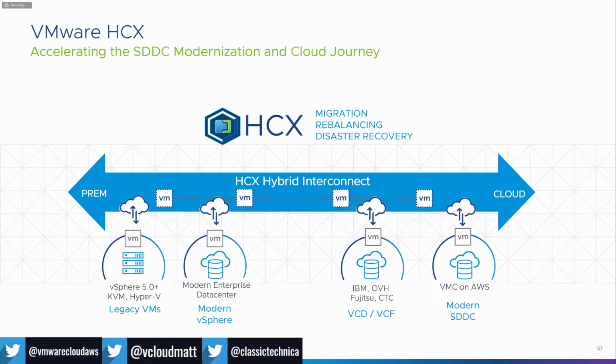There's support all the way back to vSphere 5. So if you've got some legacy environments you want to move to a more modern cloud environment, HCX supports that. There are some limits around what types of migrations you can do with some of the older versions. They don't have the same capabilities, but you can at least get your workloads moved and extend your networks from the majority of them.